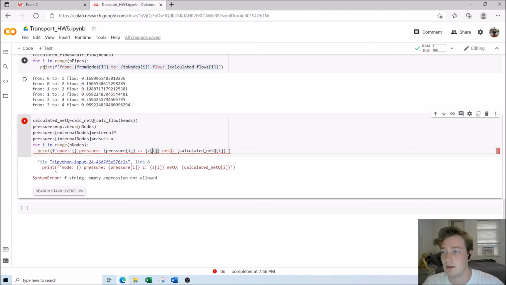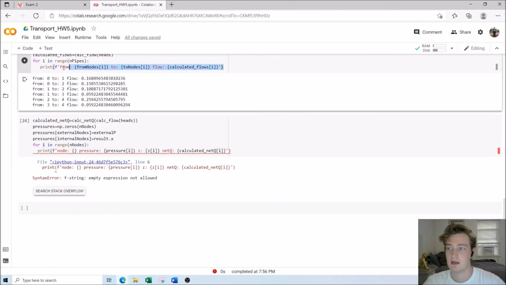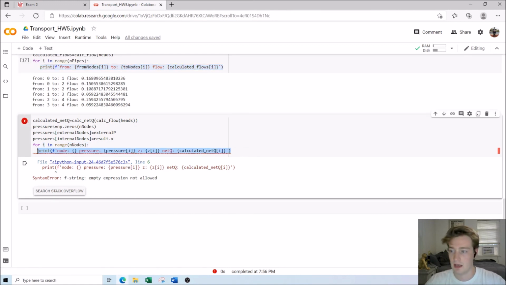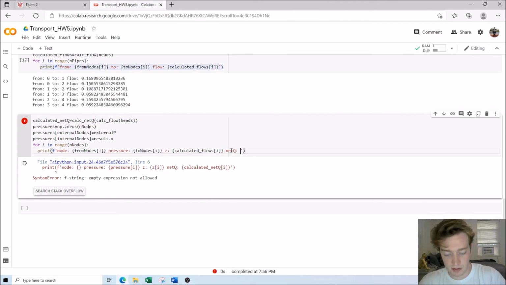I think what I'm going to do, I'm just going to copy and paste this print statement from up here and put it down here. So instead of from, we want the node, right? Instead of the 2, we want the pressure. Instead of the flow, we'll say Z. And then we want one more, which was the net Q, just like that, right?